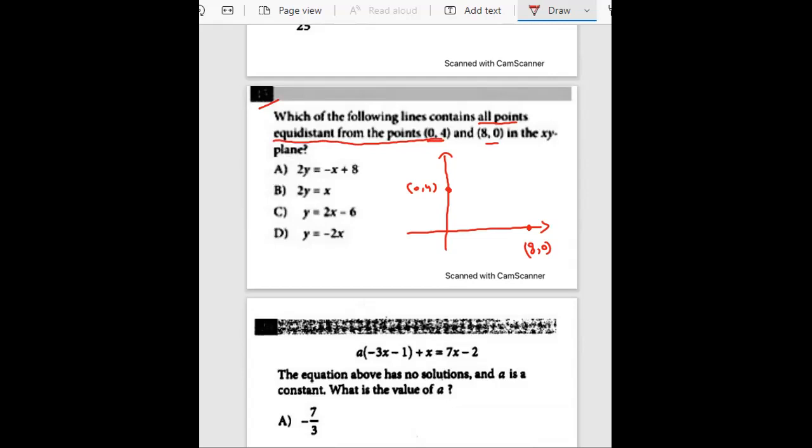All the points on our line should have the same distance from 0, 4 as from 8, 0, right? All points equidistant from 0, 4 and 8, 0. Okay? Did you understand the basic idea? Yes, ma'am. Okay. So what do you think? What should be the answer?